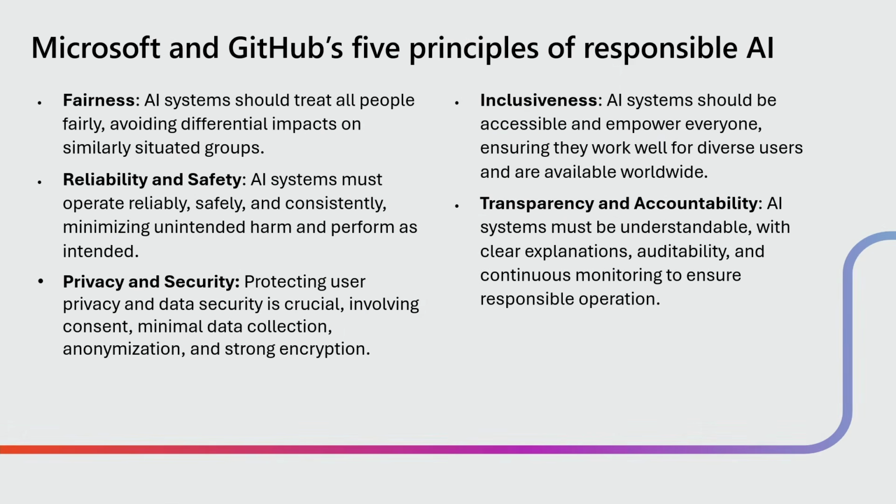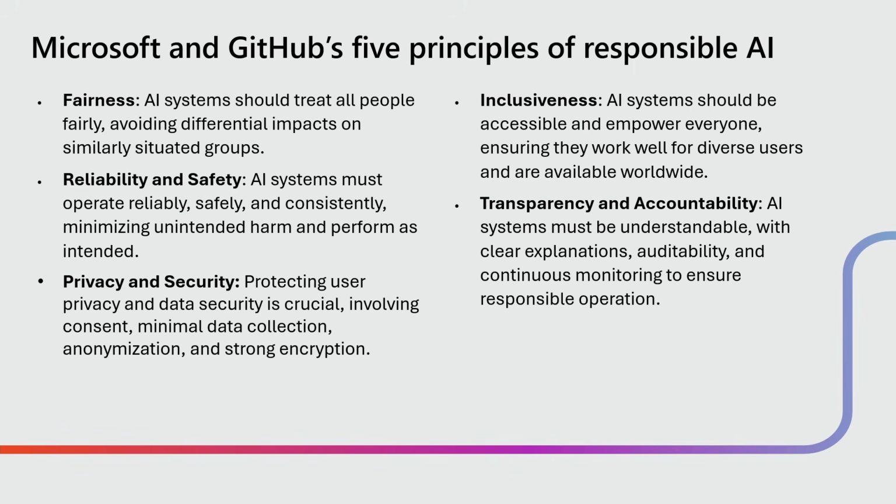The benefit isn't just risk reduction. It's all about trust. When developers and leaders trust AI governance, adoption and impact increase dramatically. Microsoft and GitHub anchor their AI strategy around 5 core responsible AI principles.